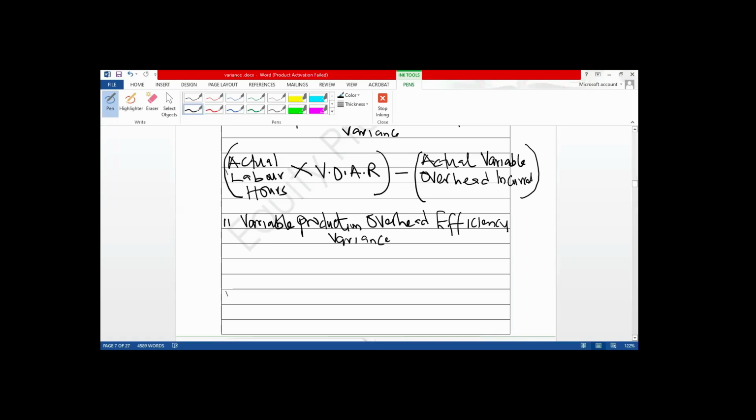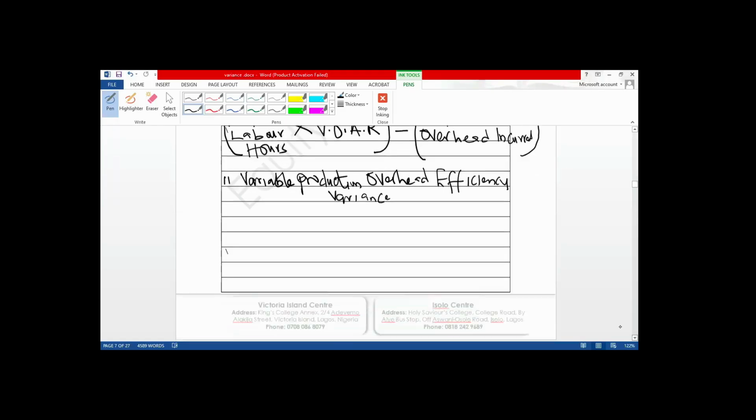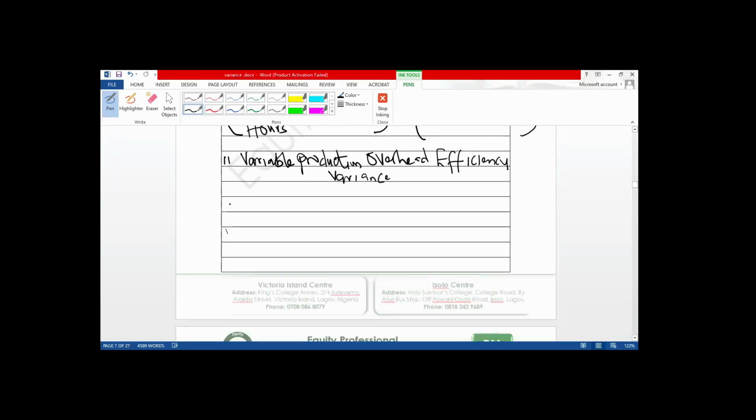If you are to calculate this, the formula is standard hours, standard labor hours.